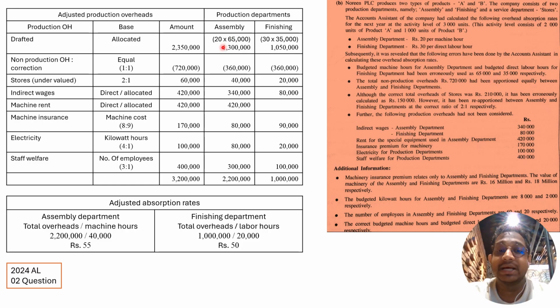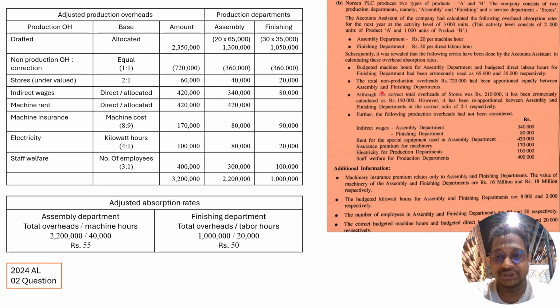So by multiplying 20 by 65,000, the assembly department's production overhead is 1,300,000. And when it comes to the finishing department, they used labor hours as 35,000 and per labor hour 30. So multiplying that, the drafted production overhead for the finishing department is 1,050,000.